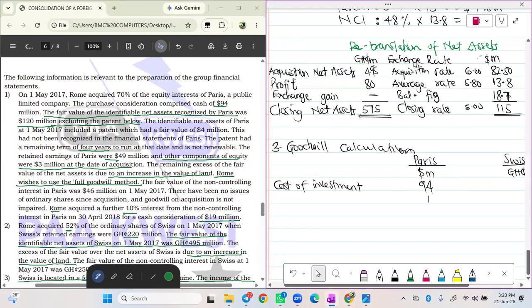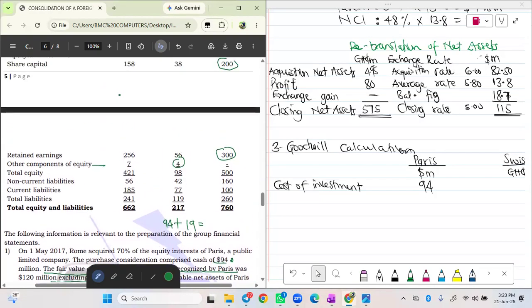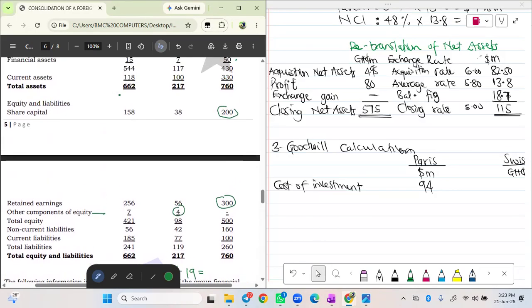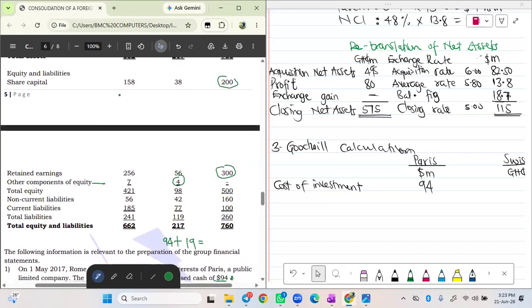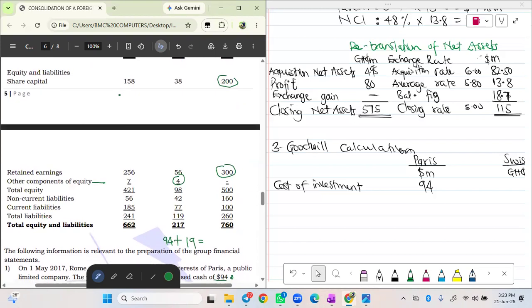So if you add the 94, the first 70%, and the extra 10%, 19 million, what do you have? 94 plus 19, 113. So that's the total amount they spent in Paris.